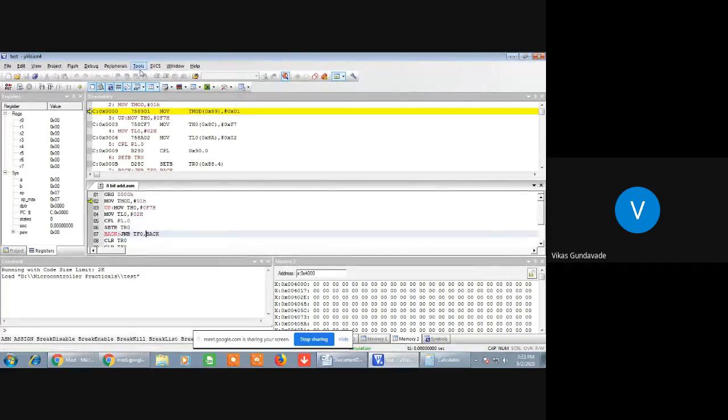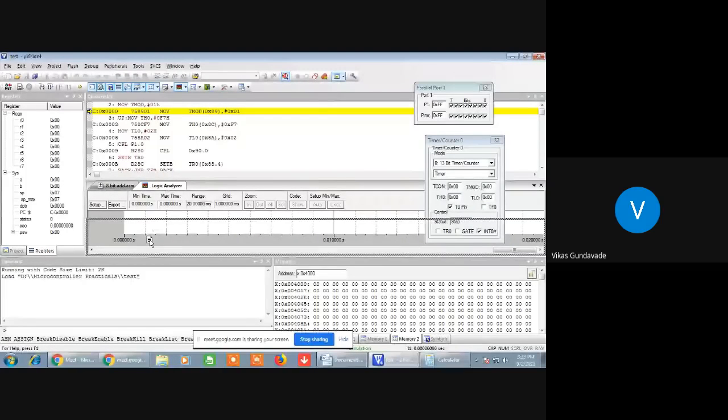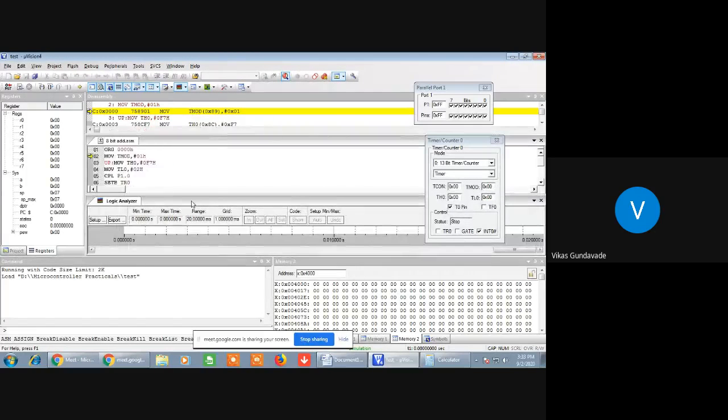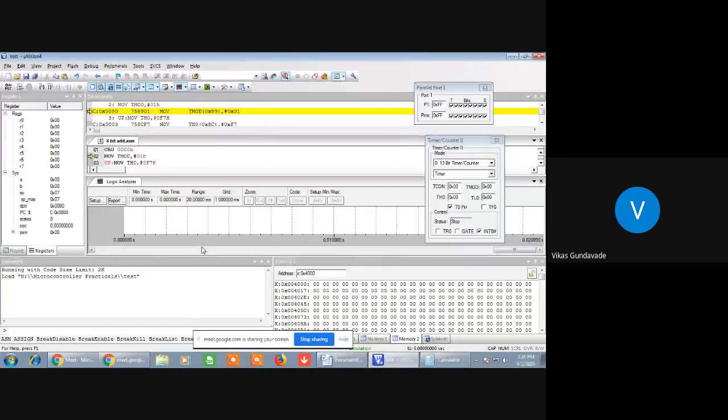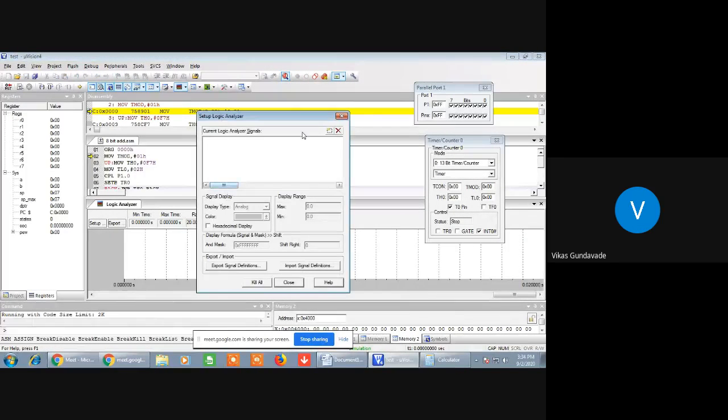Now to check the conditions, we will open port 1 and check the status of port 1. Then we will open timer 0 and also open the logic analyzer, and we will set up this logic analyzer.